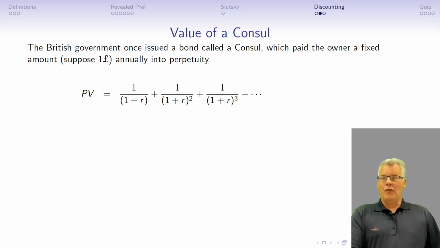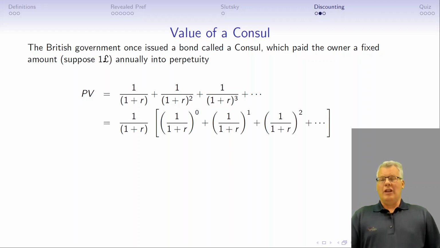The £1 that's paid 2 years from now discounts to present by being divided by 1 plus the interest rate squared. And then we have the third period and so on and so forth forever. Now, you might remember in one of your math classes, I remember certainly seeing this in calculus and probably even algebra 2, this idea of summing an infinite geometric series.